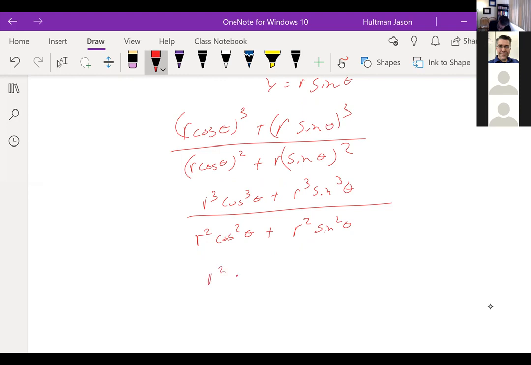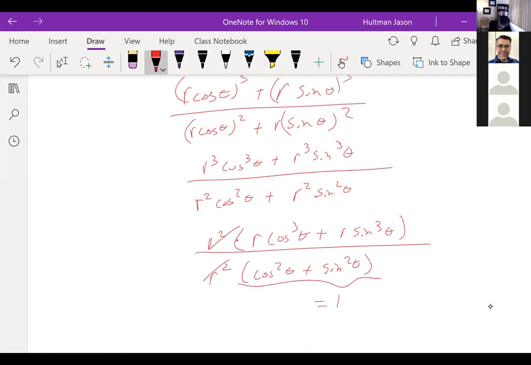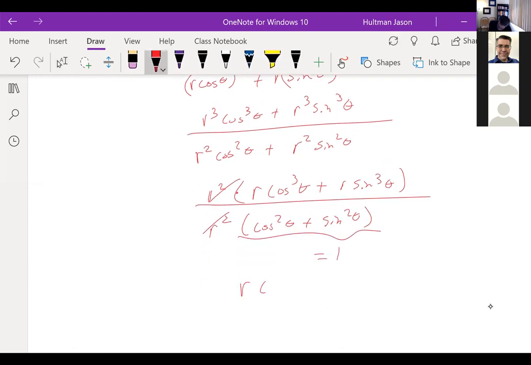Cosine squared theta plus sine squared theta goes away. This becomes 1. So we're just left with r cosine cubed theta plus r sine cubed theta.